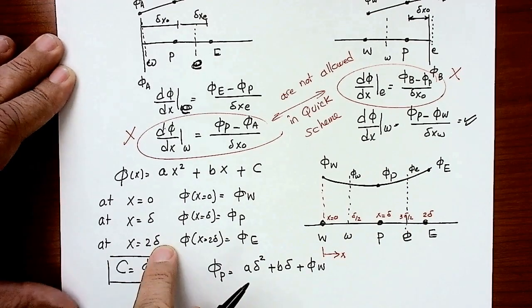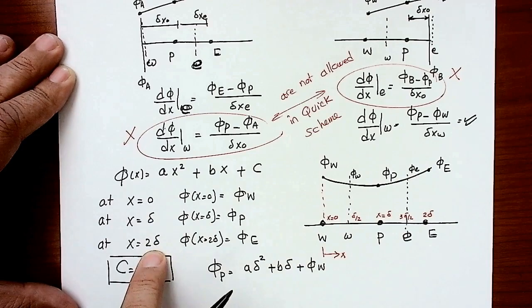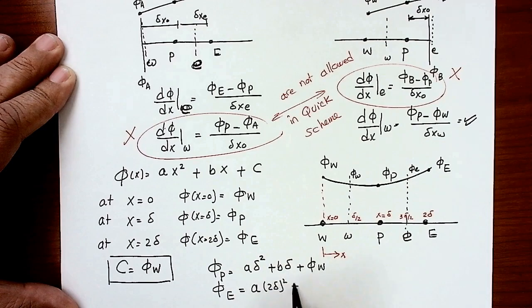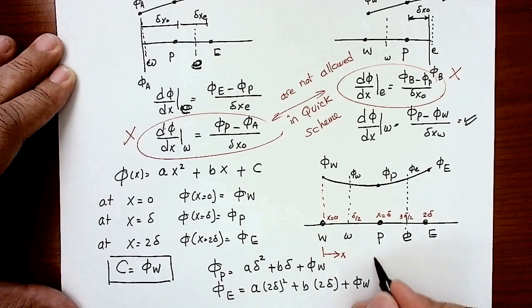I will go with the third equation. x will be replaced by 2 delta, and phi will be phi east. So phi east is equal to A times 2 delta square plus B times 2 delta plus phi west. You can solve these two equations together, so you can get the value of A and B.